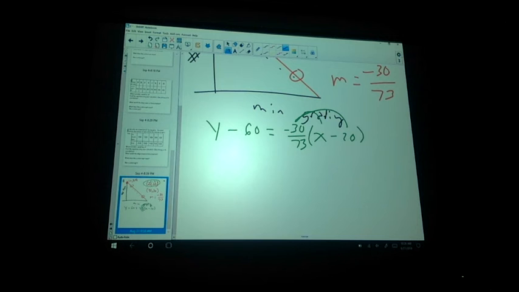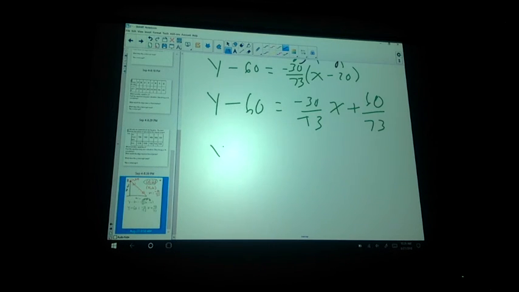Now, mine is that. Why would I say 3/7 versus 30 over 73? Yeah, they're close. So I'm going to be off because I didn't pick the exact points that the book did. X plus 60 over 73. Oh my gosh. Come on, catch up with me. I'm not the fastest person on earth. I can't think that quickly. So the computer should be able to stay with my writing.